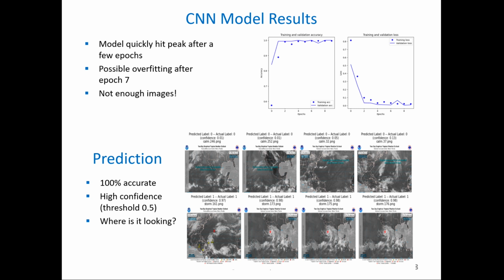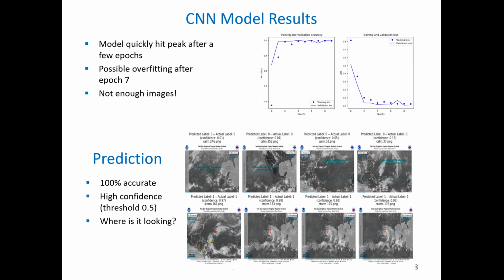And the lower the percentage, the more it's to label 0, and the higher it's more to label 1, which is a storm. So we had the threshold set at 0.5. Anything below 0.5 was calm, and anything above that would be labeled as a storm.